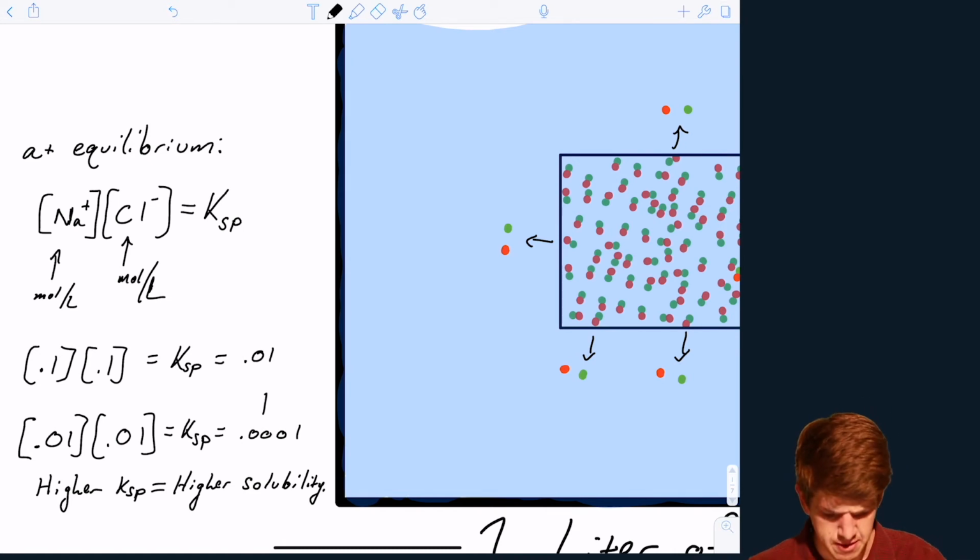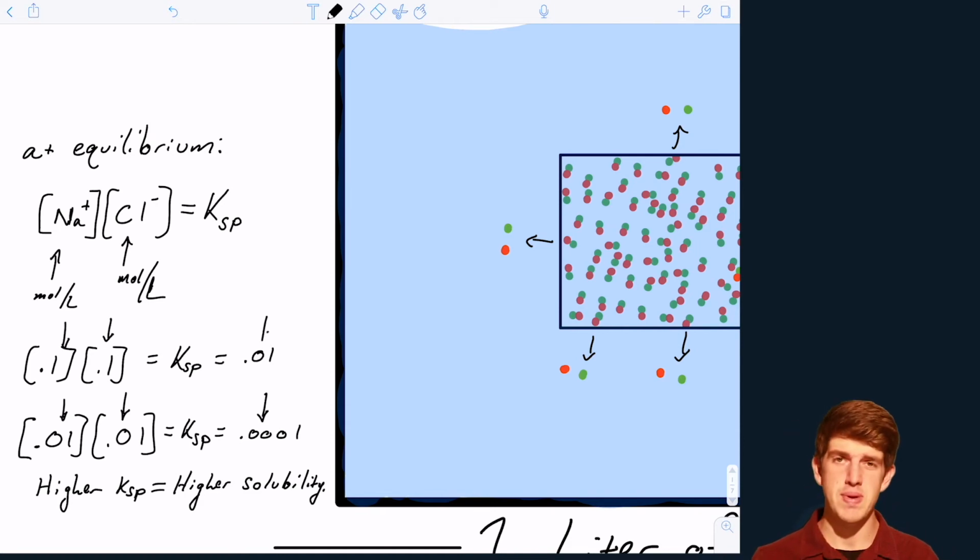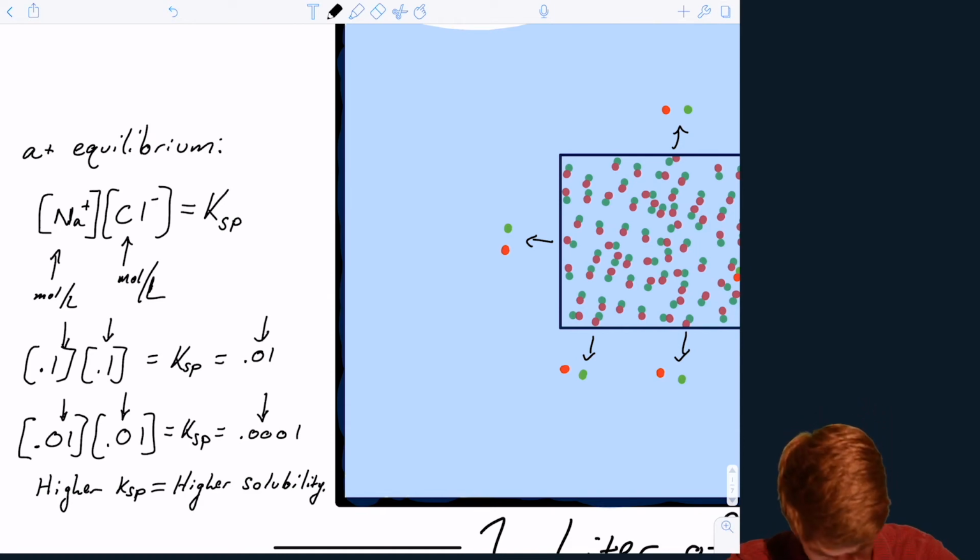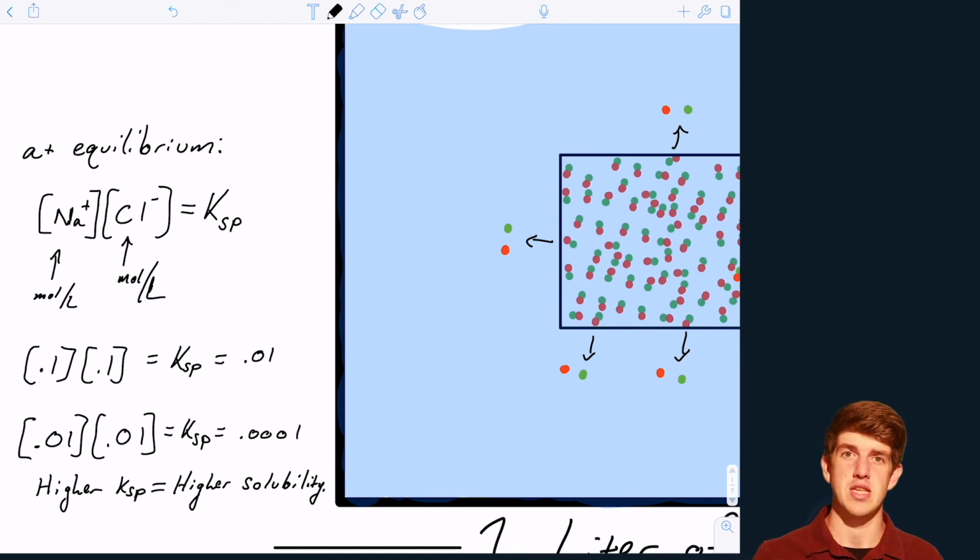Here, where we're at a lower Ksp value, I can only have 1/10 the concentration as I could here, where my Ksp value was a lot higher. So that is the Ksp. The Ksp is just the product of the ion concentrations dissolved in solution at equilibrium. If you can understand that sentence, you have got Ksp under your belt.